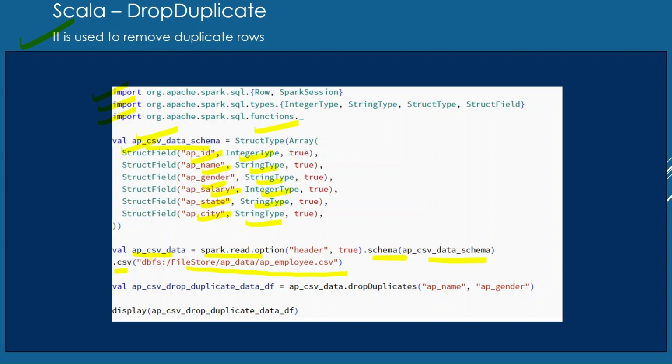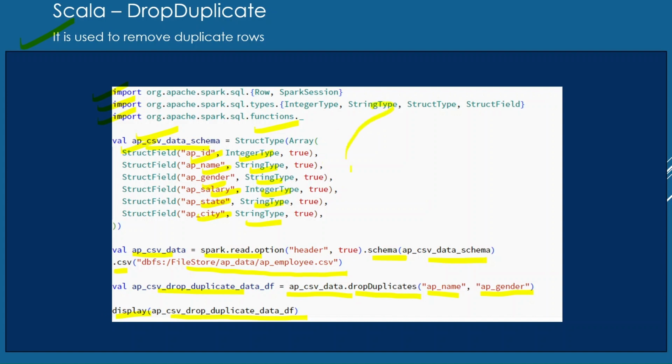Once this data frame gets created, I am calling this drop duplicate function and passing the name of the column based on which I want to remove duplicates. And once this data frame gets created, I am showing the data frame with the help of a display function.